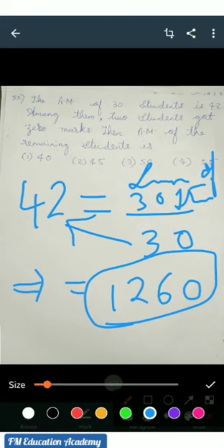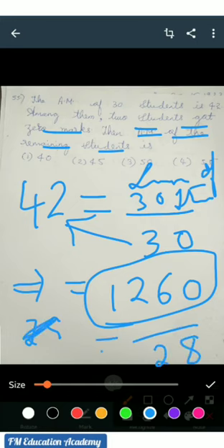Now it is telling here that 2 students got 0 marks. If 2 students got 0 marks, then how many students will be there? There will be 28 students. And it is asking us what is the arithmetic mean of the 28 students. So arithmetic mean of 28 students will be equal to, this is my arithmetic mean, right?